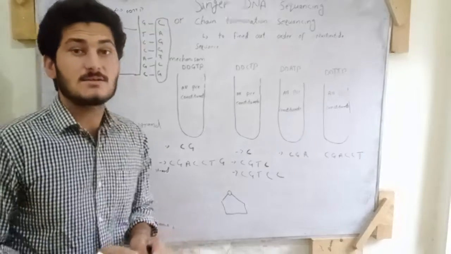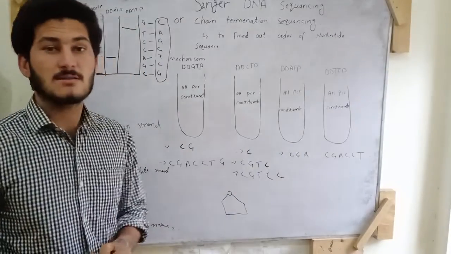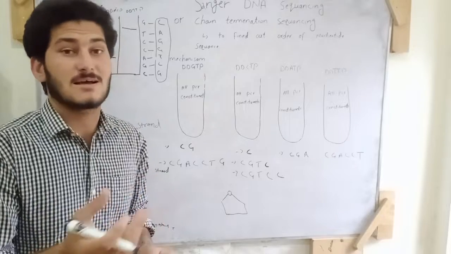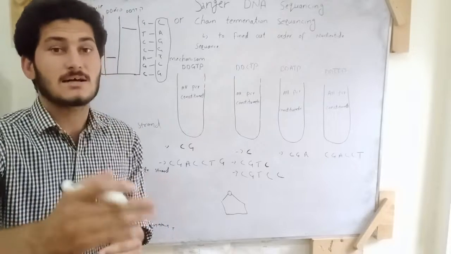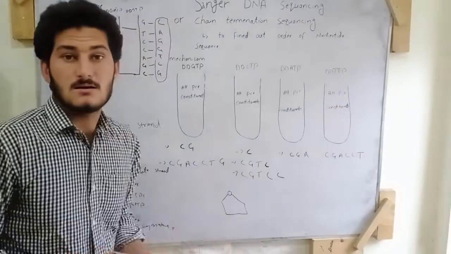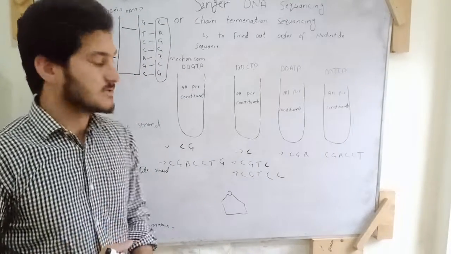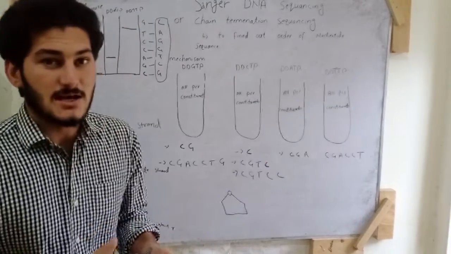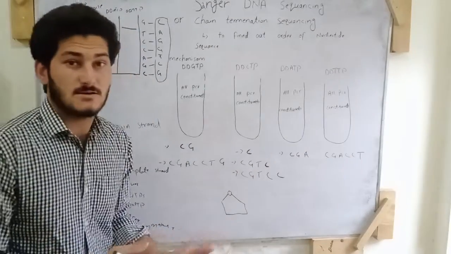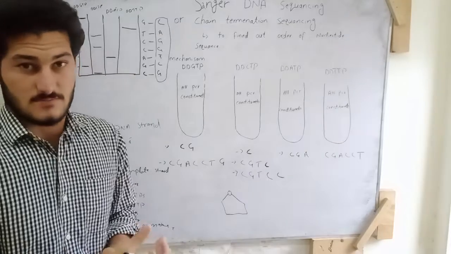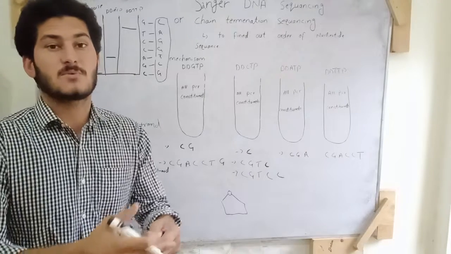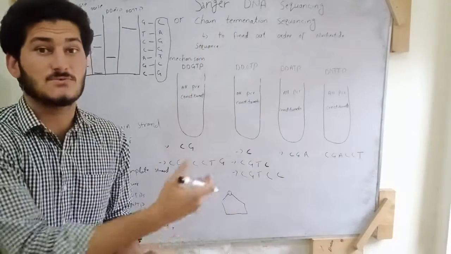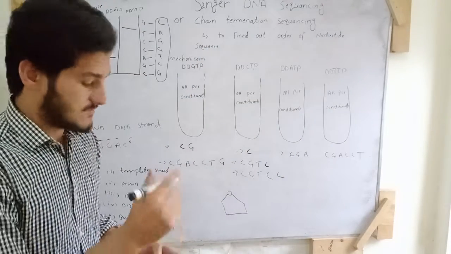But in dideoxy, the third carbon misses the oxygen group. We remove the oxygen from the third carbon. So when the PCR process has started and a dideoxy nucleotide comes, the process terminates. That is why this process is also known as the chain termination process.